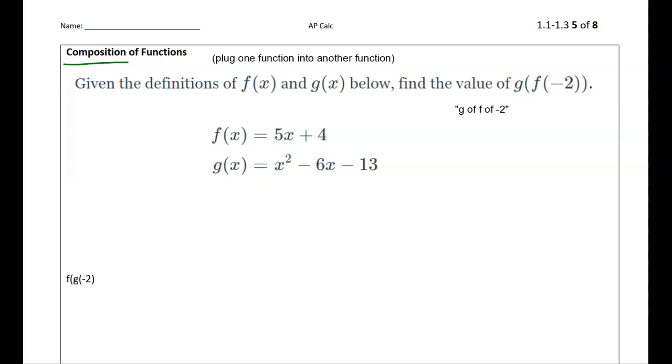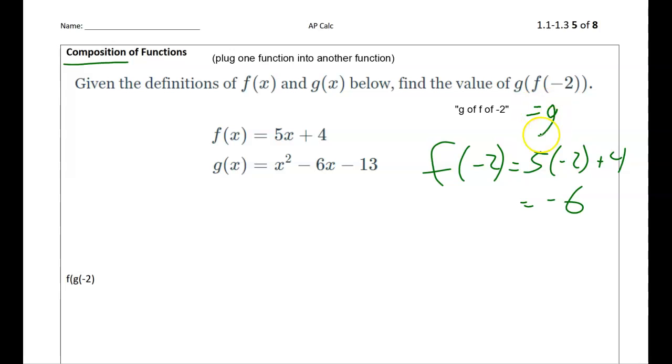We'll do that now. f of negative 2 is 5 times negative 2 plus 4, which is negative 6, right? So g of f of negative 2 would be equal to g of negative 6, because I've now replaced f of negative 2 with its result, negative 6.